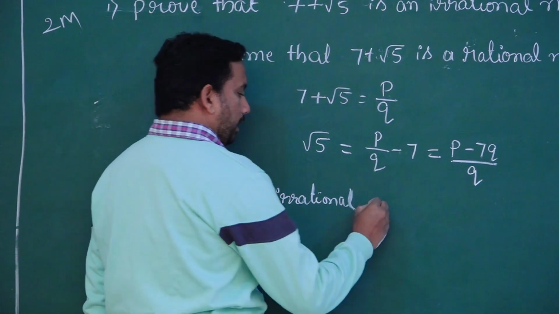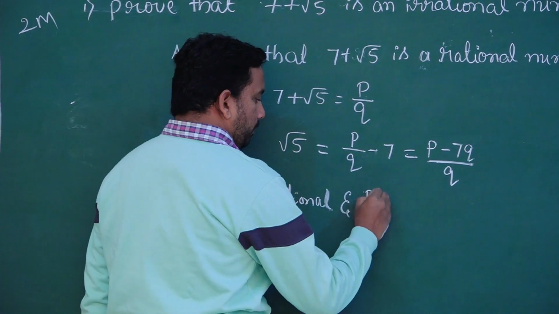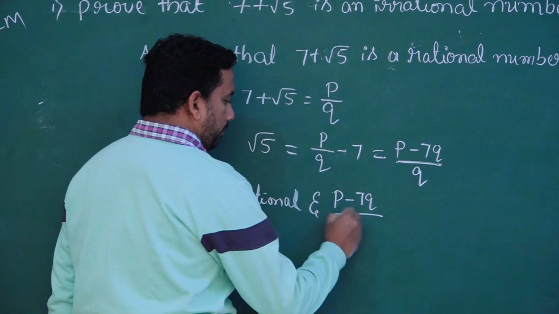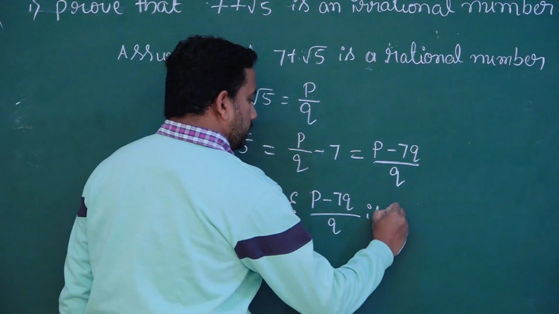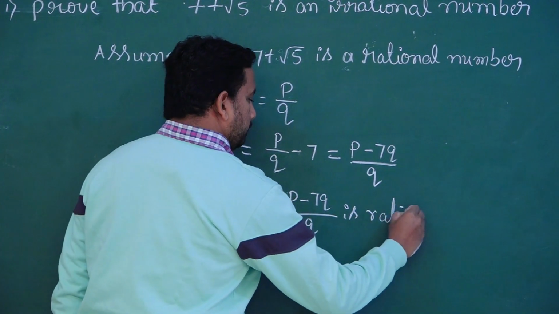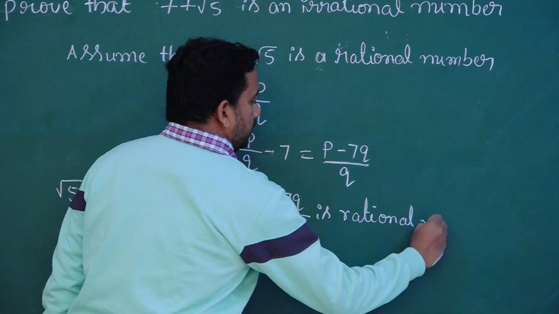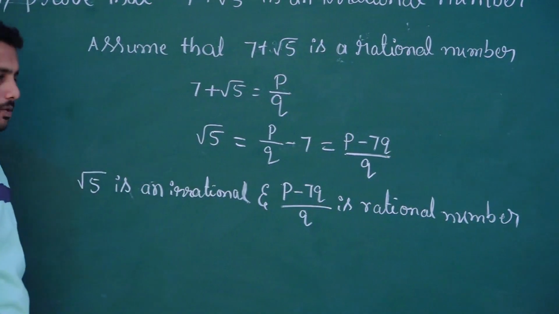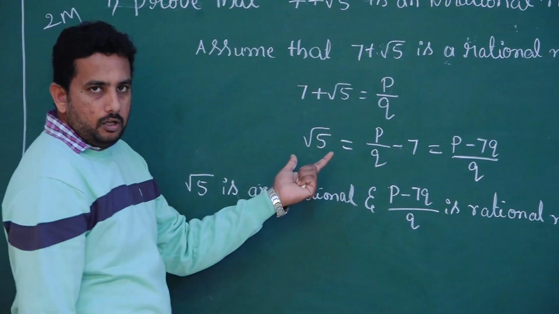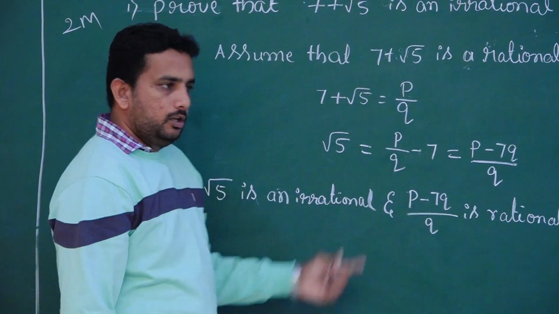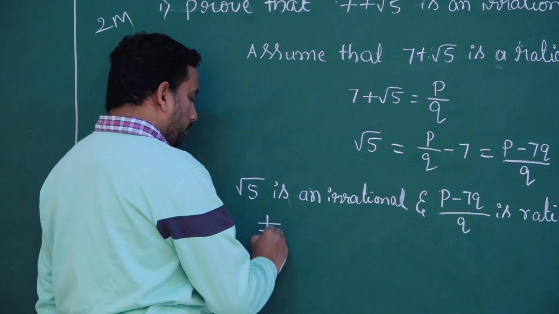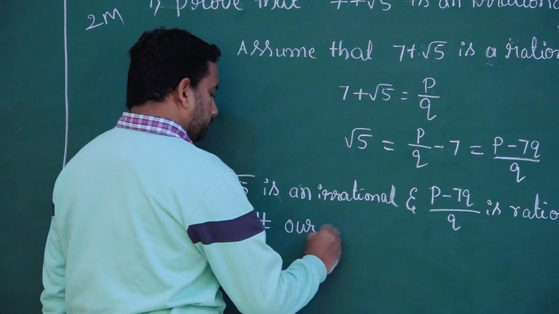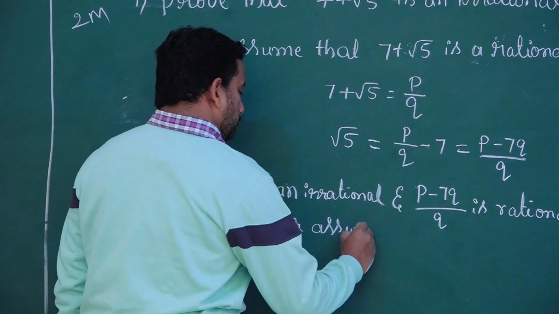And p minus 7q divided by q is a rational number. So this is not possible, because a rational number is not equal to an irrational number. So this contradicts our assumption.